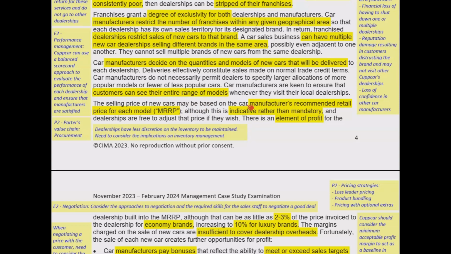So what actually happens is the dealership has discretion. They can pick a selling price. So they do have some control. Well, they have control over selling prices. And that's great because it enables them to think about that profit margin they're trying to achieve.